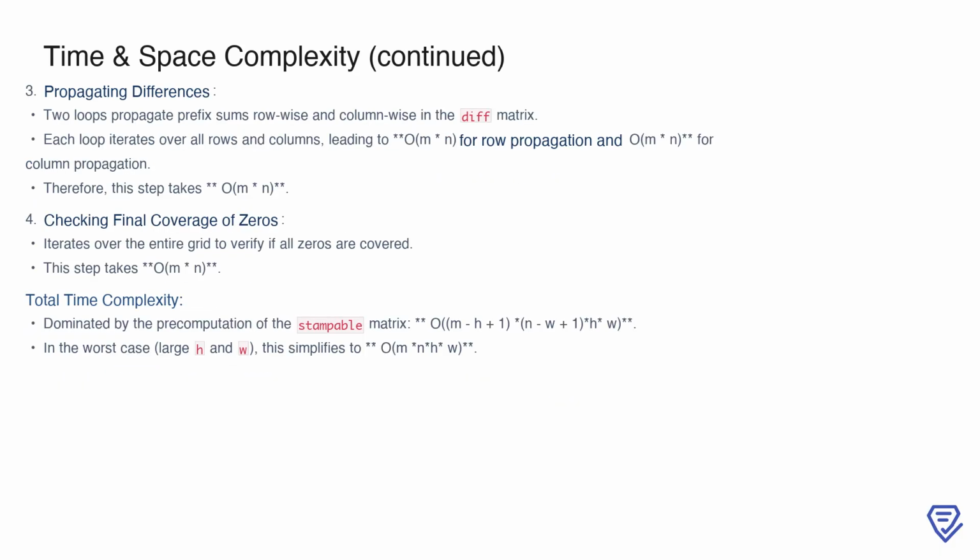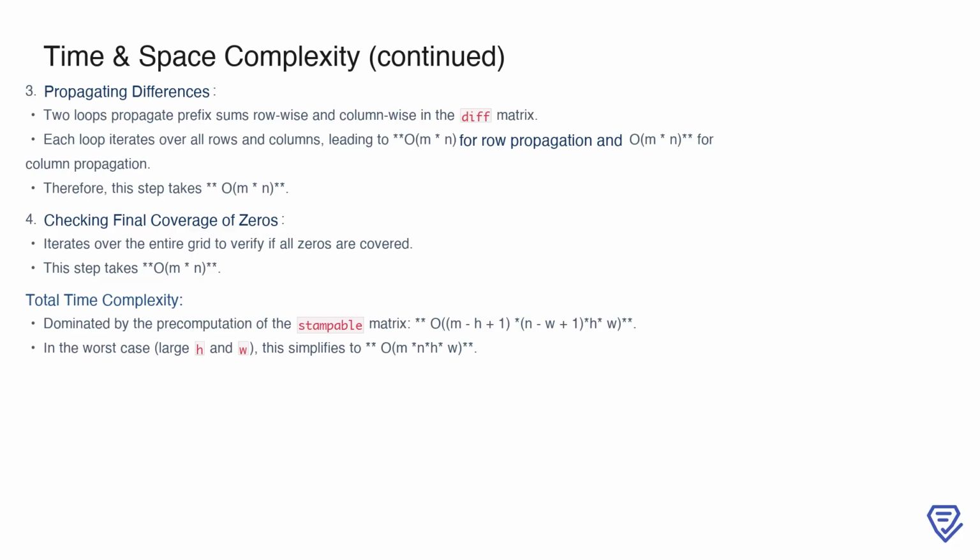The next step is propagating differences in the diff matrix using prefix sums. This involves 2 loops, one to propagate row-wise and another to propagate column-wise. Each of these loops iterates over all rows and columns, which means both the row-wise and column-wise propagation each take O(m * n) time. Consequently, this step adds O(m * n) to the overall time complexity.